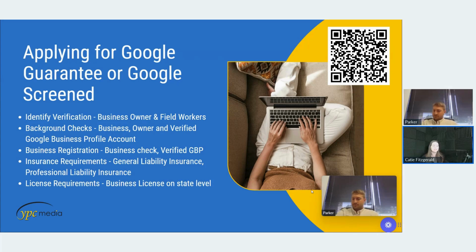Sometimes they offer different thresholds, so each industry is a little bit different in that part of the process. And if you are in an industry where a license is required, at least on the state level, they are going to check that. Again, that's a third-party company that you work with through Google to go through this entire process.